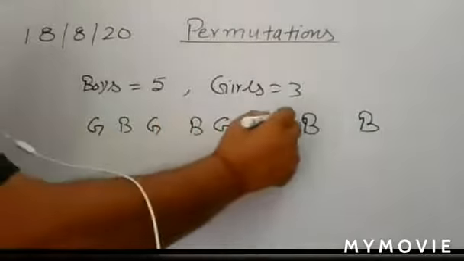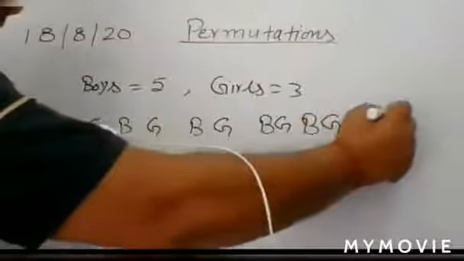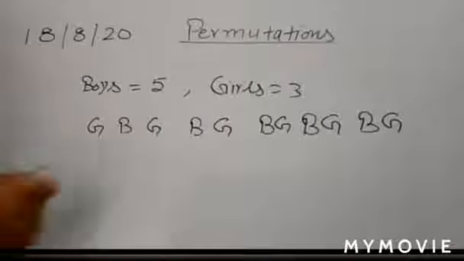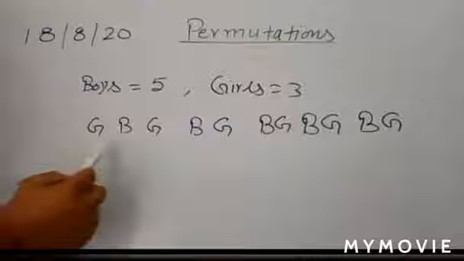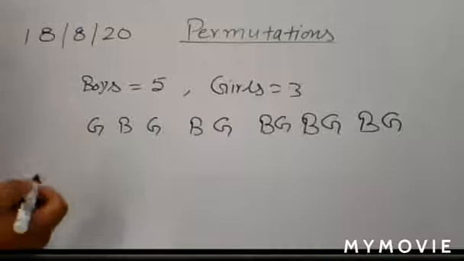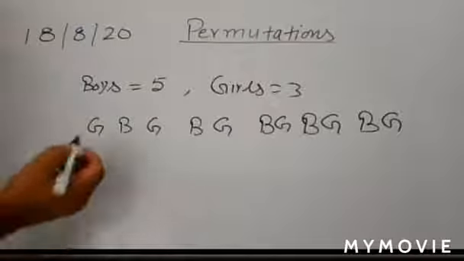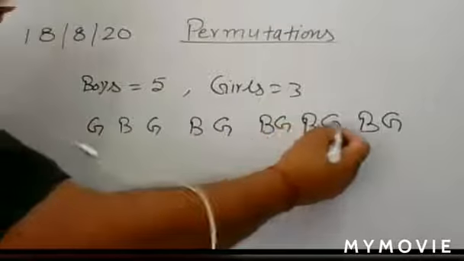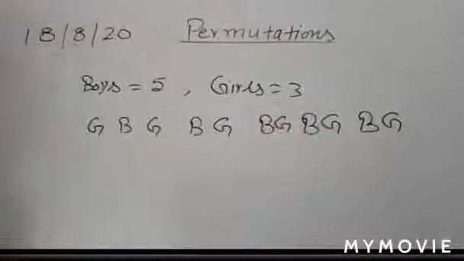And in between them is a possible place for a girl. If you seat the girls in between them, then the girls are not together. So how many possible places for girls are there? Just count it. 1, 2, 3, 4, 5, 6 places are there.